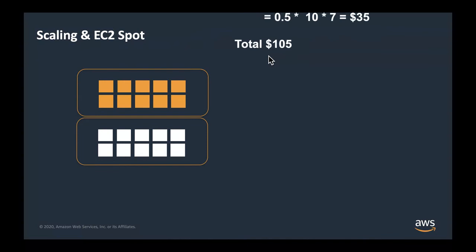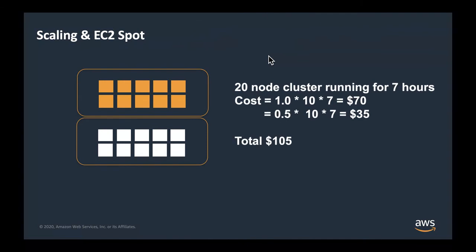So what happens, the immediate impact is that the runtime reduces by half. So now you have a 20-node cluster running for 7 hours. The total cost for 10 nodes running for 7 hours on demand is $70. And then the Spot, with the reduction of prices, will be $0.5 into 10 nodes running for 7 hours, which is $35.